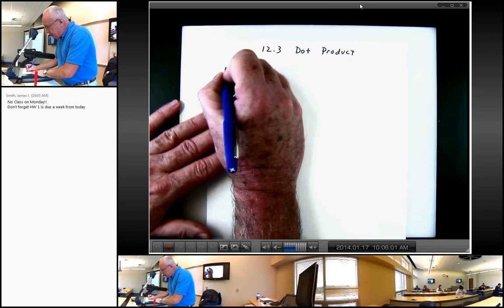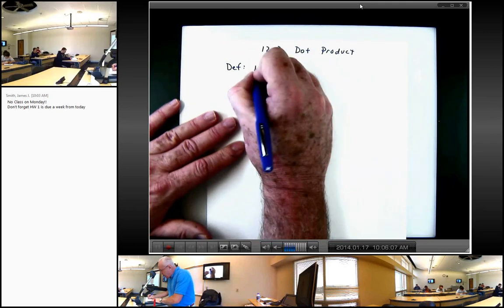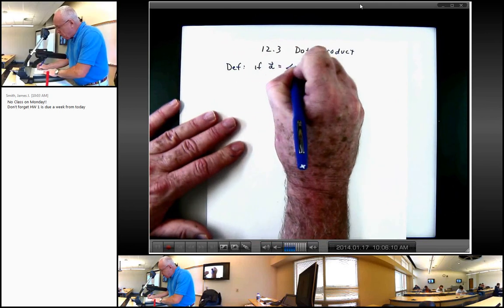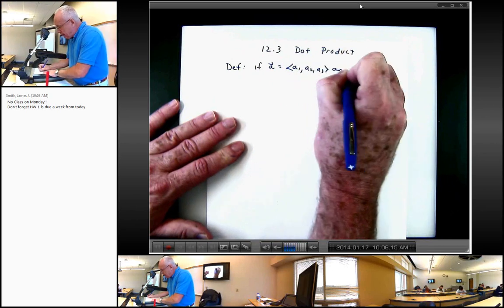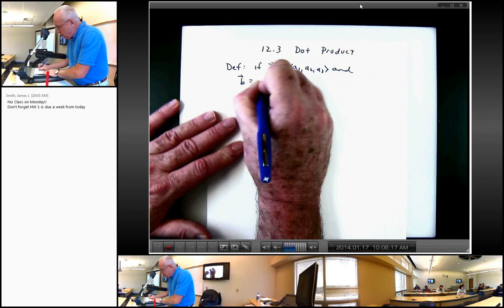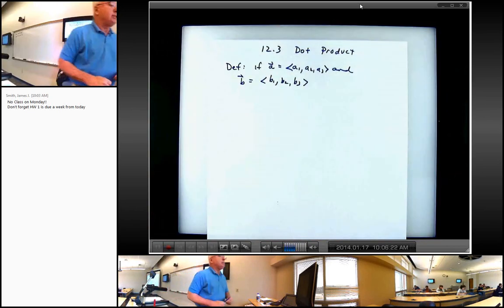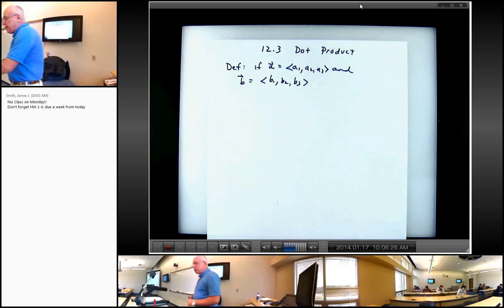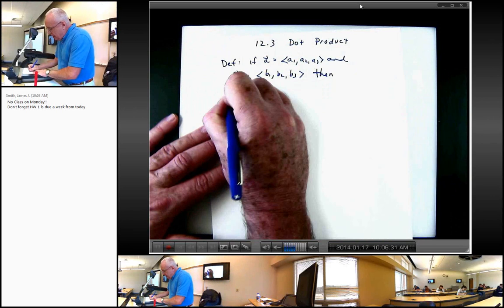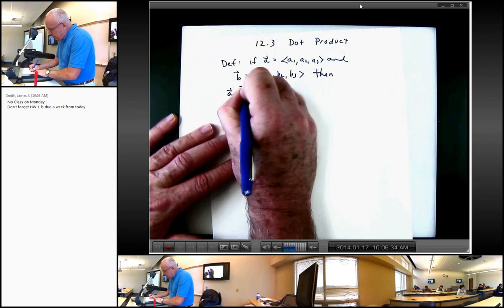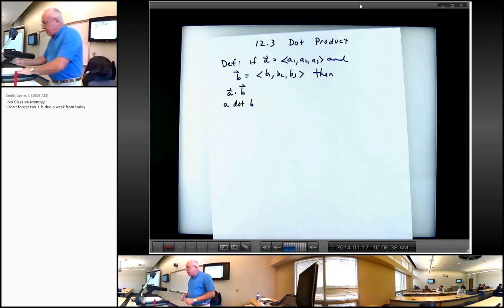Let me just put the definition here. If vector A is equal to, let's say, <A1, A2, A3>, and vector B is <B1, B2, B3>, and again, remember, I'm using those angle brackets to indicate vectors rather than parentheses, then A dot B is equal to the following.